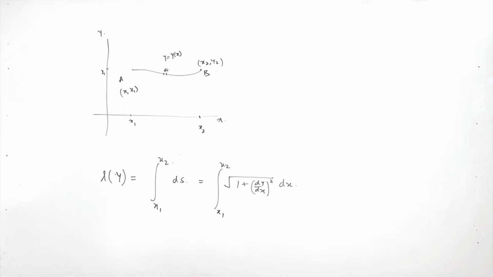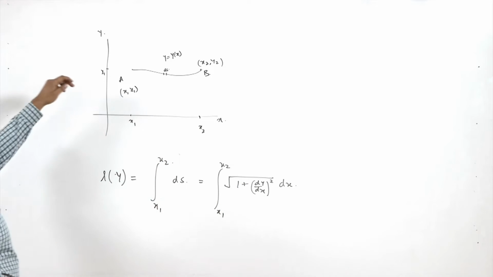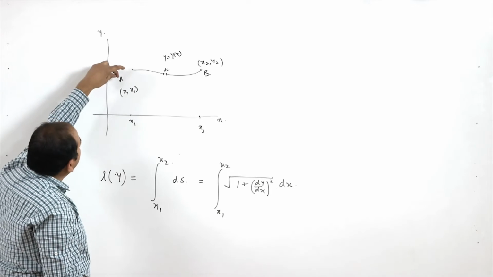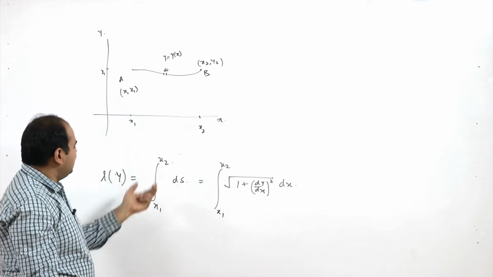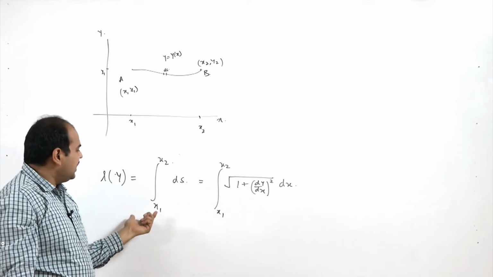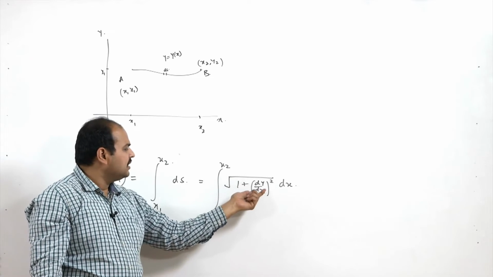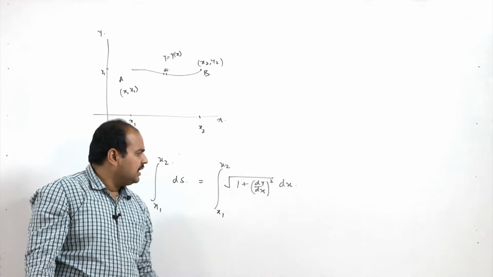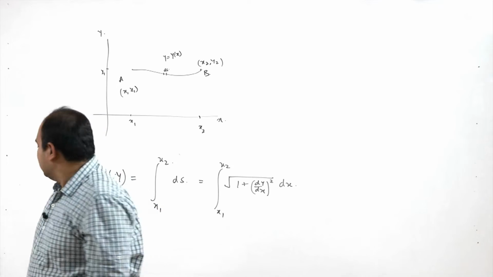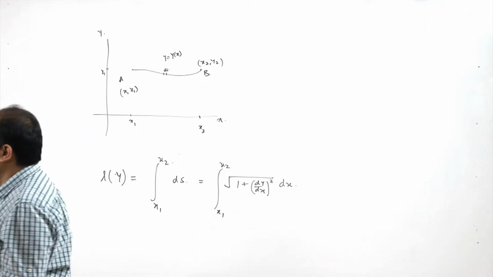So we can say that the length of the curve connecting A and B is given by this functional, which simplifies into the integral from x1 to x2 of the square root of 1 plus (dy by dx) whole square d of x. This is one of the functionals we are discussing.